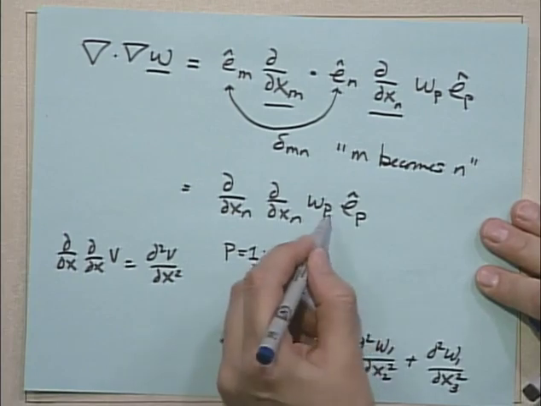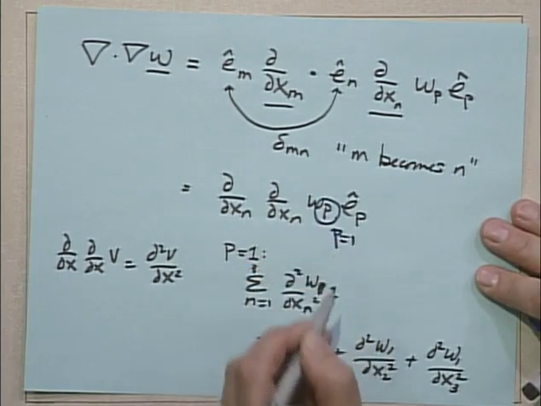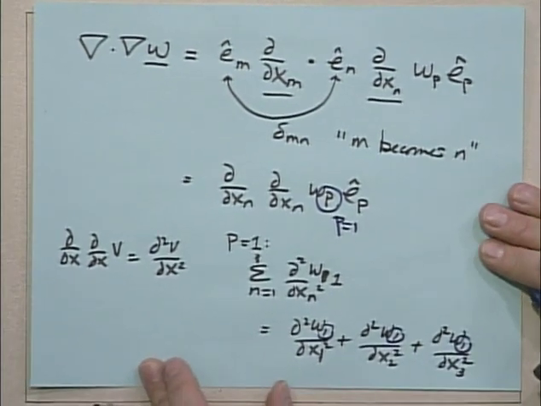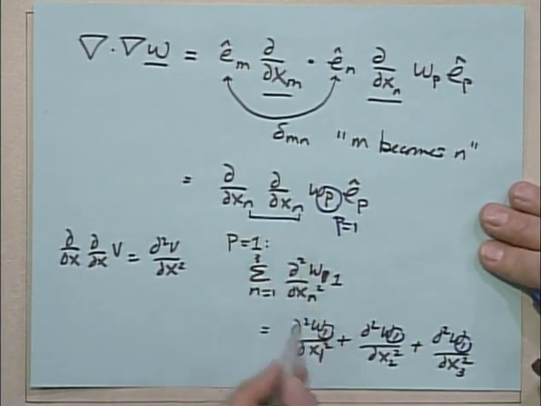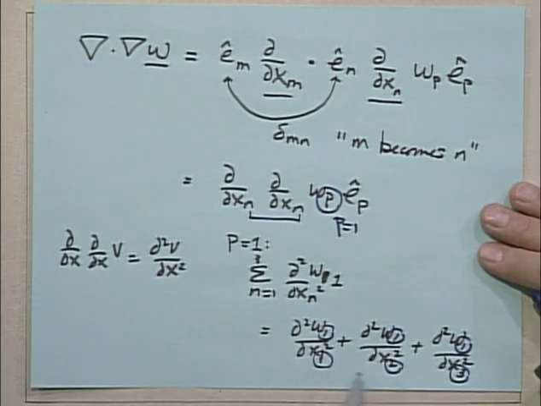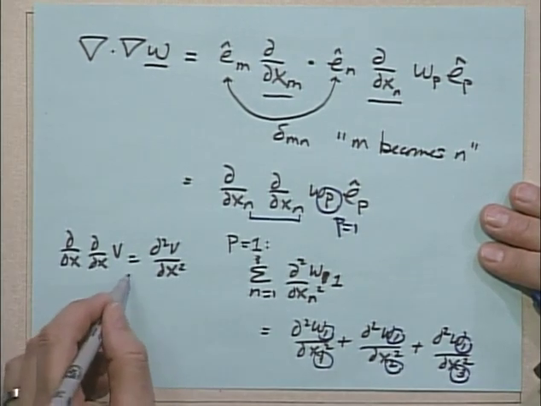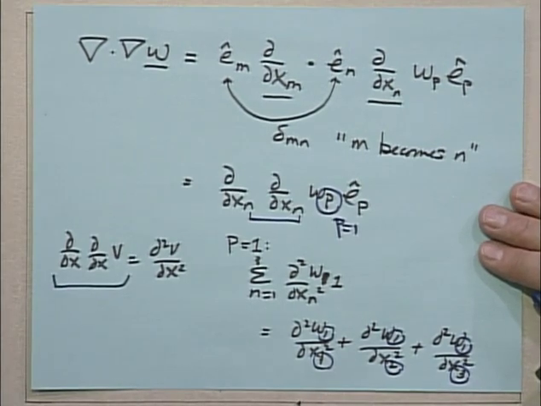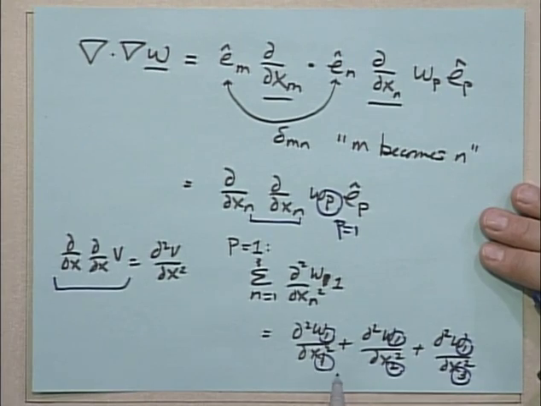The p equals 1 means that there's a 1 in each of these numerators. N is summed over, means it goes from 1 to 2 to 3. Each of these individual terms can be written out like this, but this is our more standard notation. So this is the one component. Well, how would the two component look different from this?